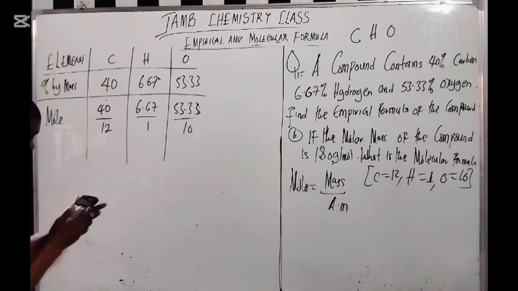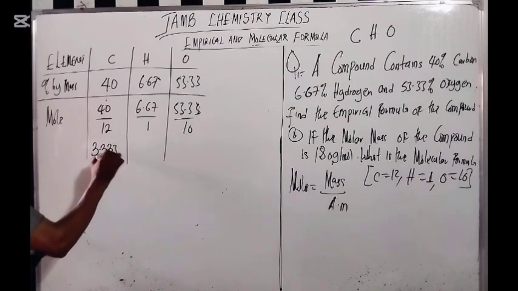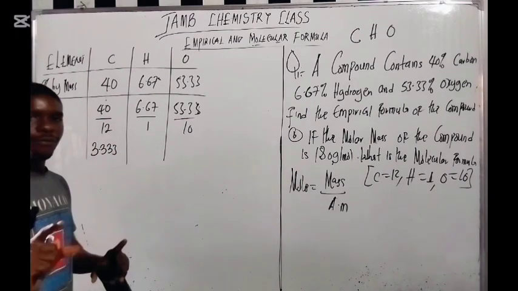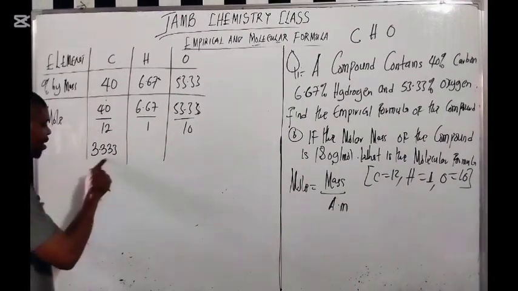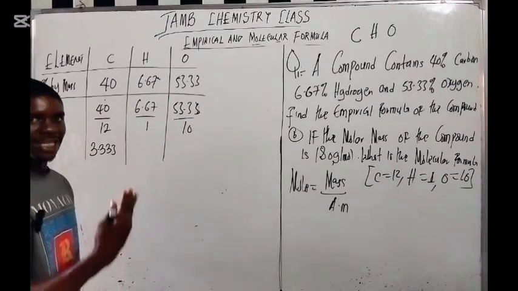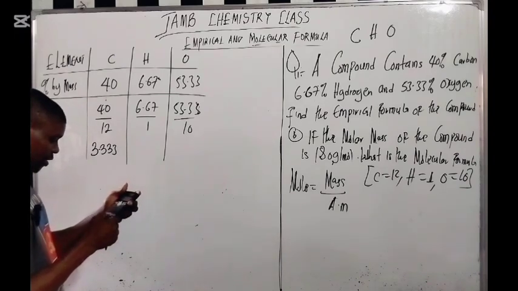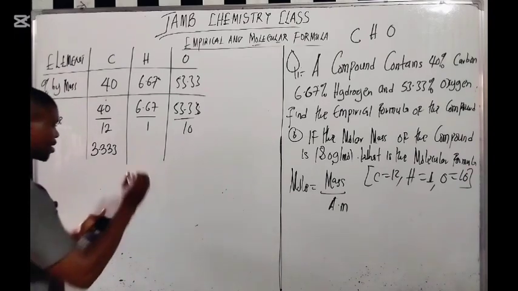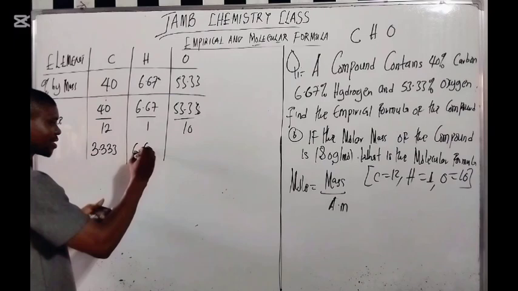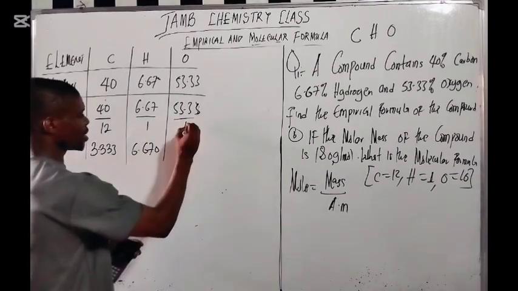What do you have? 3.333. For accuracy's sake, leave it to 3 decimal points. So here we have 6.67 divided by 1, which is 6.670, 3 decimal points. Do you understand? Then 53.33 divided by 16, right?